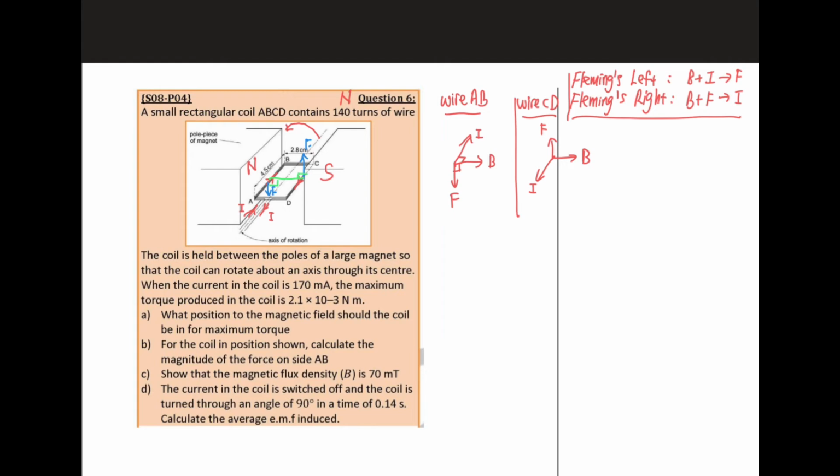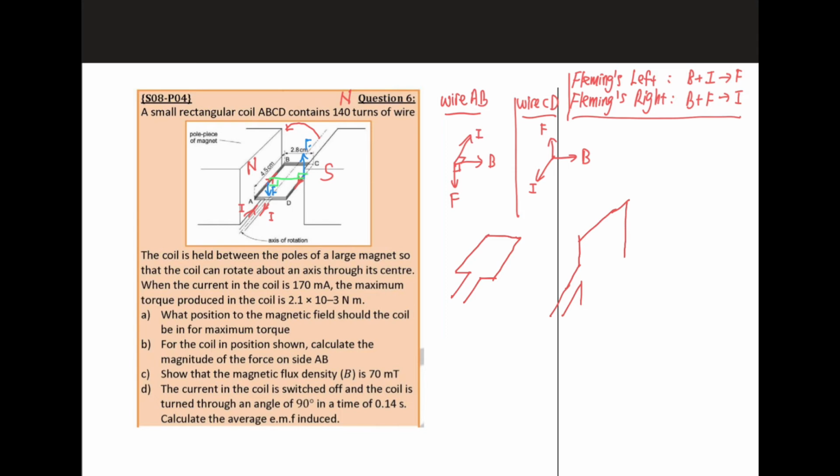Okay, so the question is asking for position. It is possible to have two important positions to consider. One is where the coil is flat. The second one is where the coil is vertical. You know, it's spinning, right?